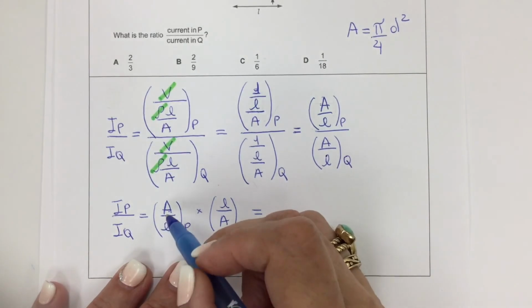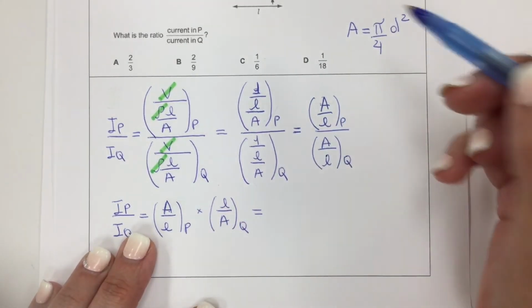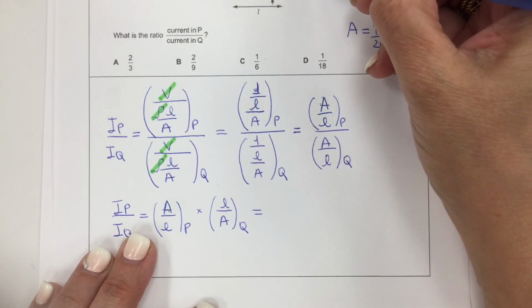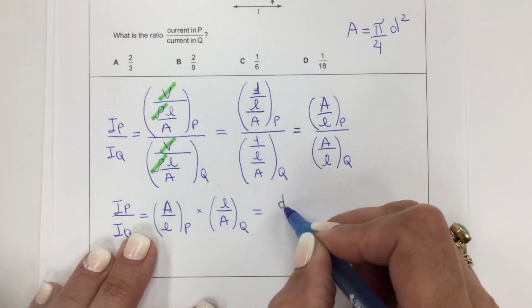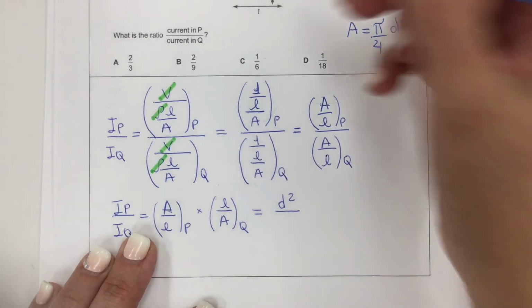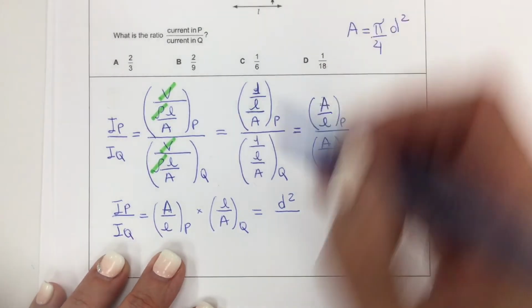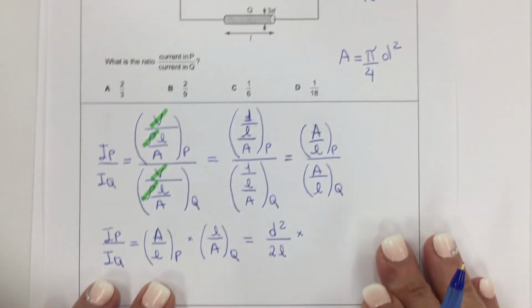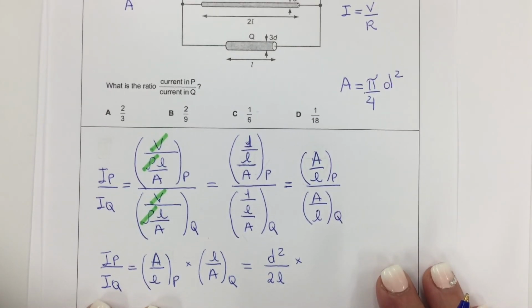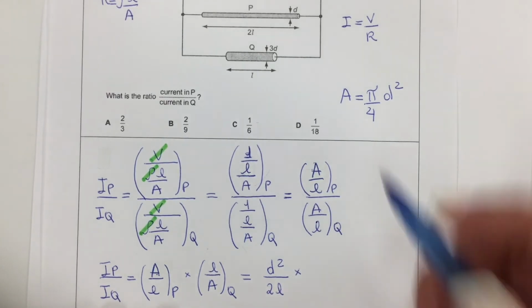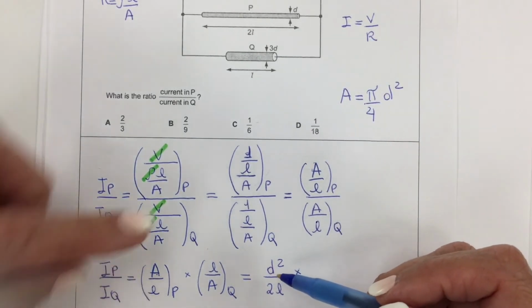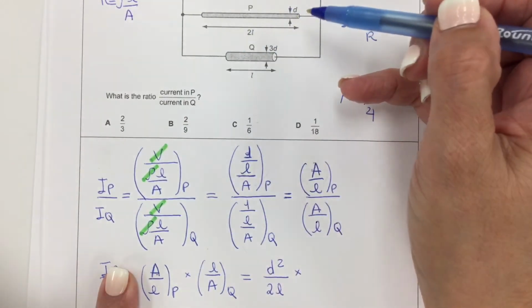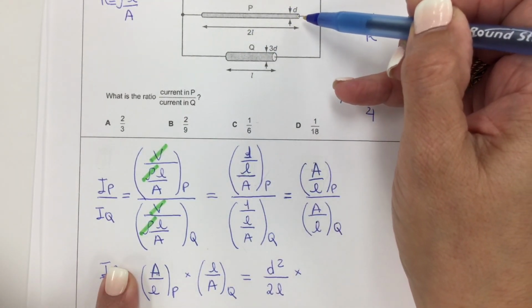Okay, so now what I have, A for P is just D squared over the L for P, which is 2L. Maybe I should do it a little bit like this so you guys can see. Again, one more time. I'm working on P, and P is this one right here, this wire.